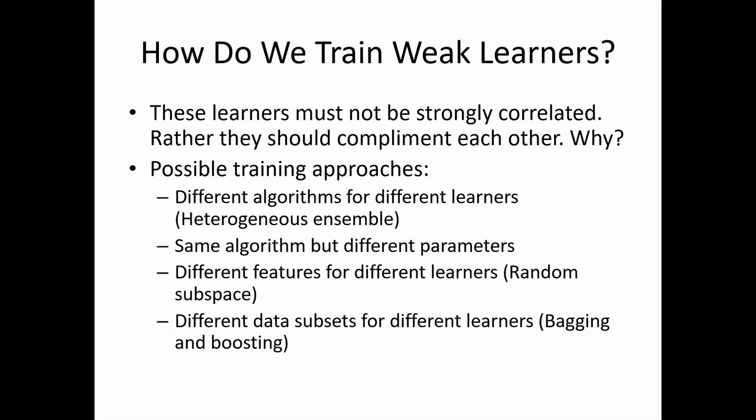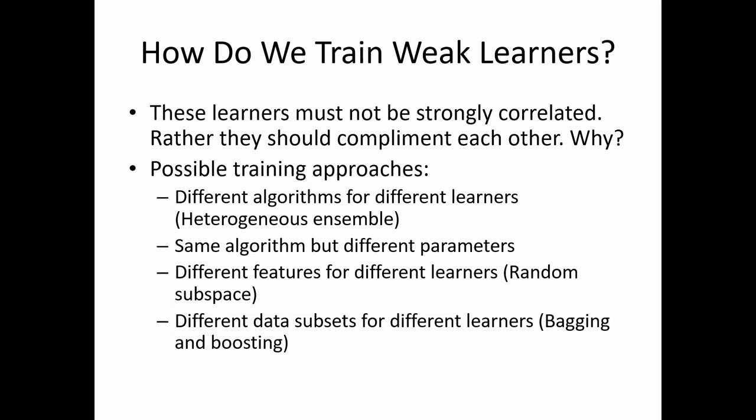Number 1 is that these learners must not be strongly correlated. Rather, they should complement each other. Obviously, if 5 people are highly correlated, then there is not much independence in their work, so when you combine them, it's not going to make a big difference.